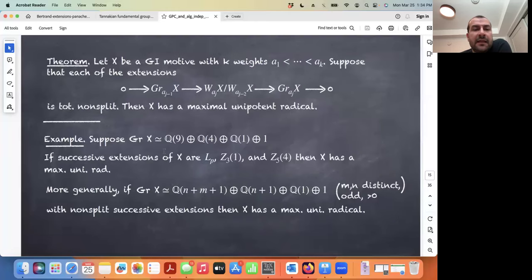And then as long as the successive extensions are non-split, you'll have maximal unipotent radicals. So for example, if I take a logarithm, zeta of 3 and zeta of 5 as my consecutive extensions, then I'm guaranteed to have maximal unipotent radical. And we'll come back to this example in the last slide of the talk.